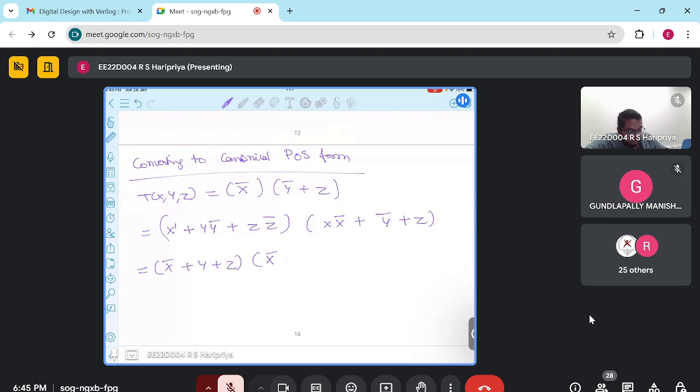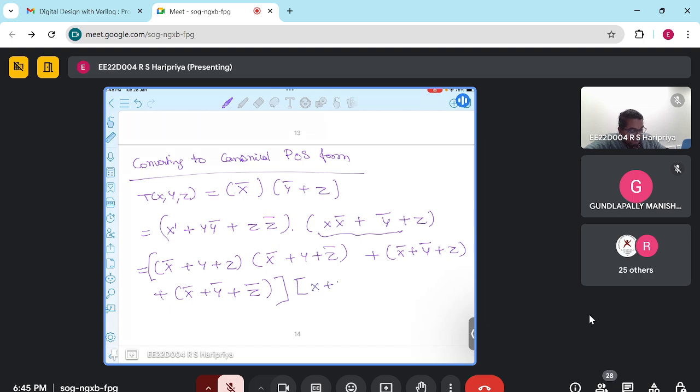Next is x complement plus y plus z complement. So with y we have distributed, next with respect to y complement. So x complement plus y complement plus z plus x complement plus y complement plus z complement. Okay, four terms we have distributed. This portion is done. Next, this distribution.